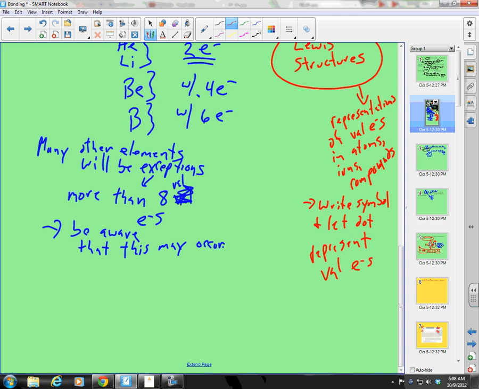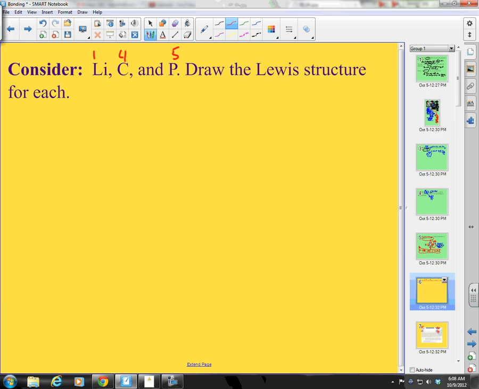Now, we usually put no more, not always, but usually no more than 2 electrons per side of the element. When we write the element, it will have 4 sides. Here we go. Lithium, right? It has 4 sides. There's a side here, here, here, and there. And so we wouldn't put more than 2 electrons on any one side when we're dealing with this.